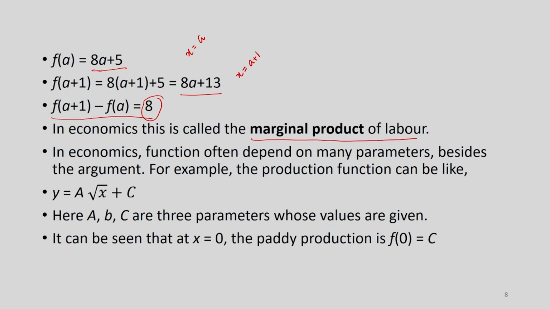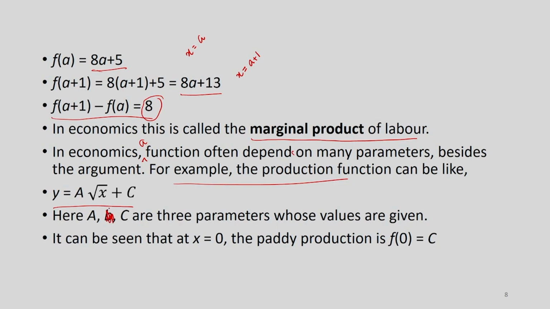In economics, a function often depends on many parameters besides the argument. So, a function can depend on the argument, but it depends on other parameters also. Here is an example of another production function. Here y is equal to capital A multiplied by root over x plus c, ignore this b part.